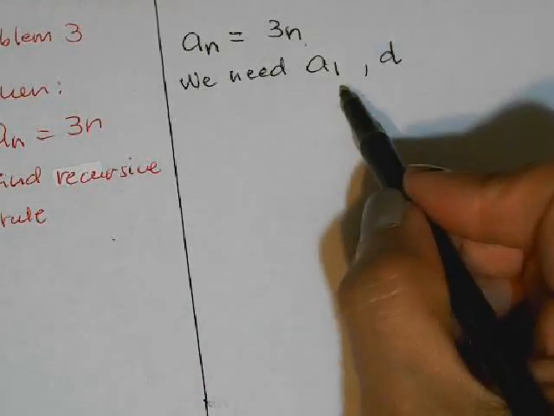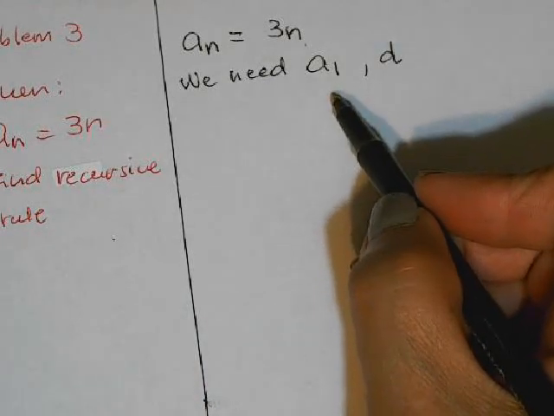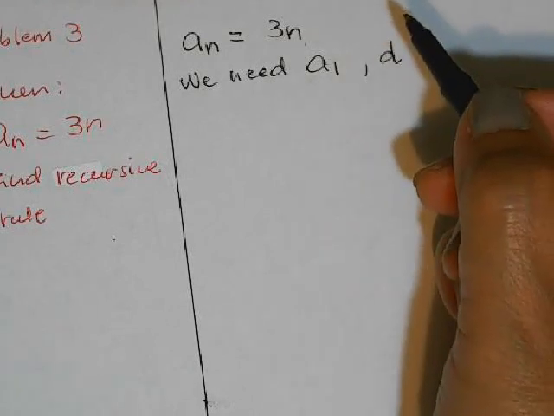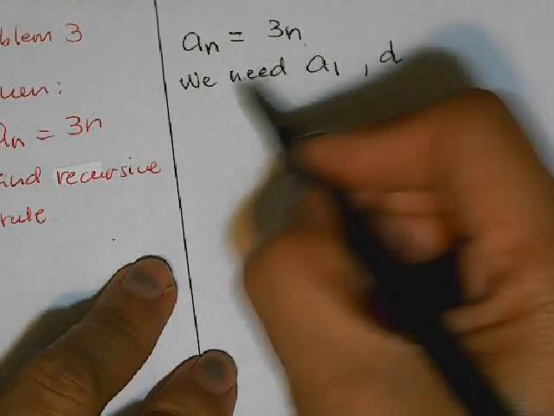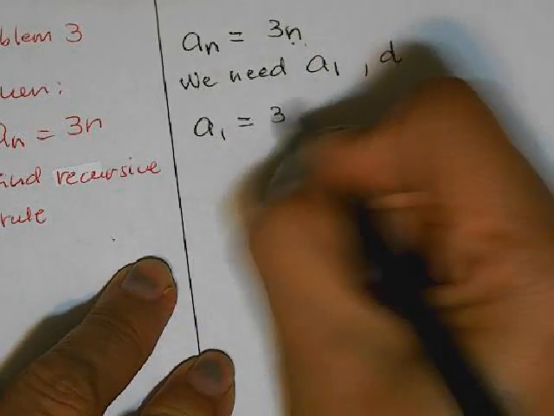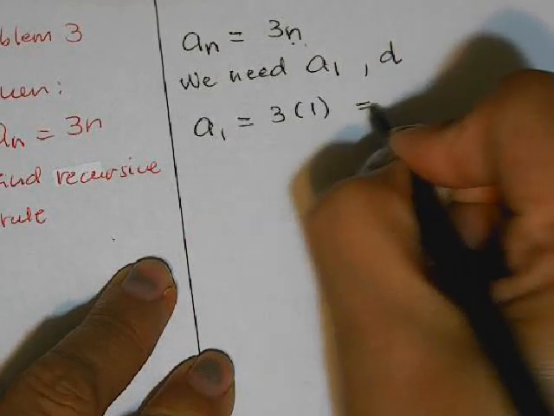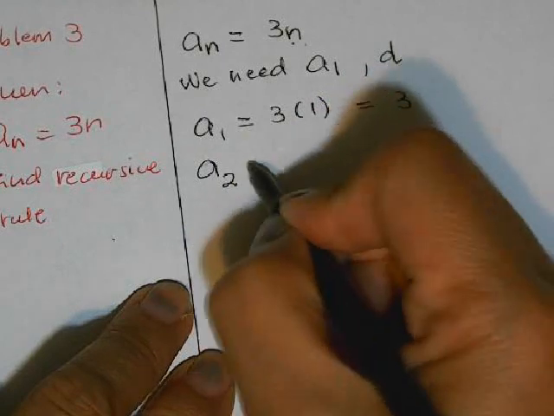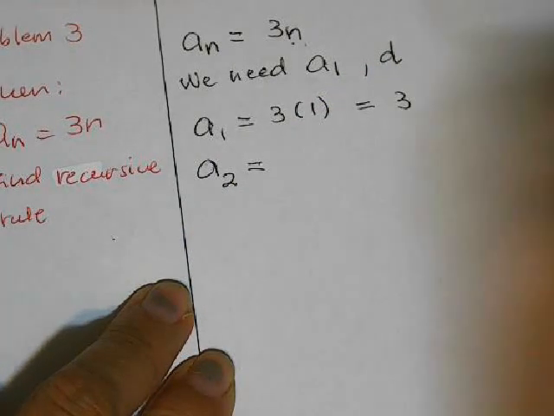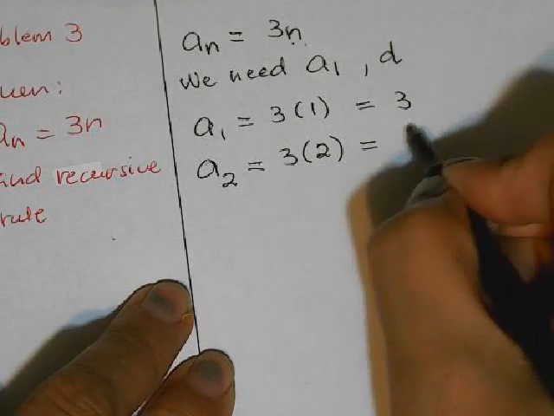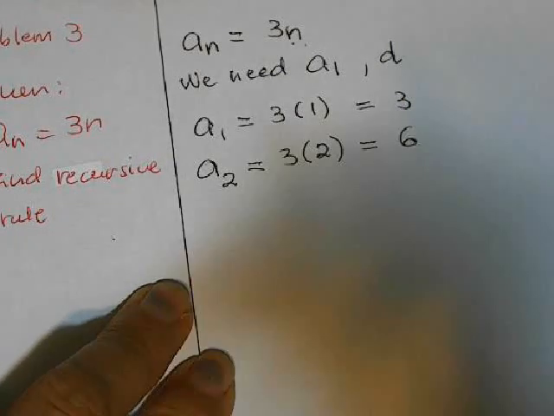So how do I find a sub 1? Pause and answer. So for a sub 1, you just have to substitute 1 here. So a sub 1 is 3 times 1. And for a sub 2, so we can find our d, we need another term. So 3 times 2 is 6, right?